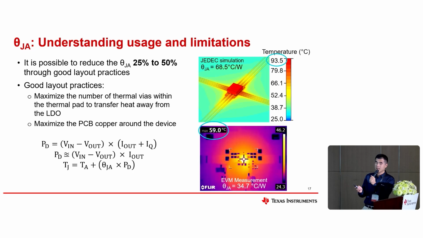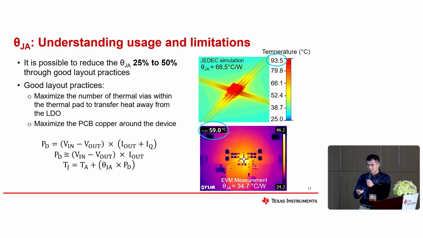Above is the JEDEC defined board, and this is a real board. So you will see that the JEDEC thermal resistance is around 68.5 degrees C per watt, but for the real board, it's only a half, 34.